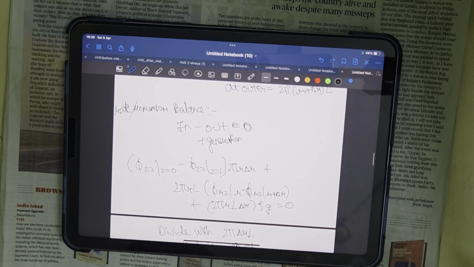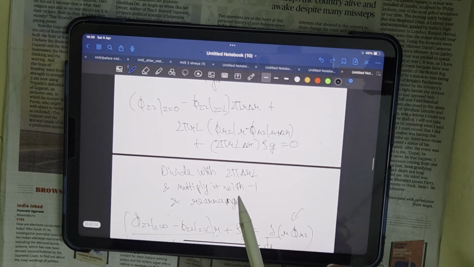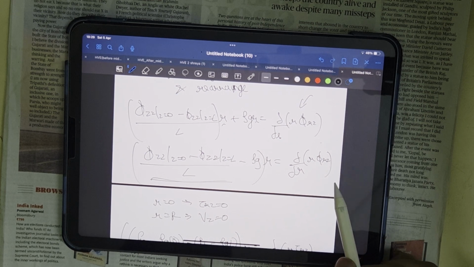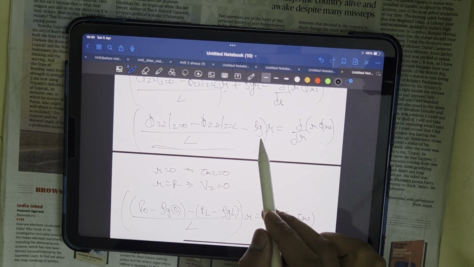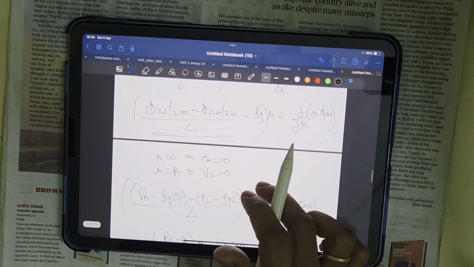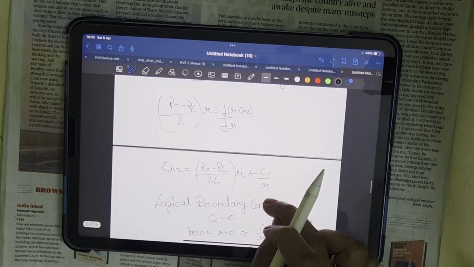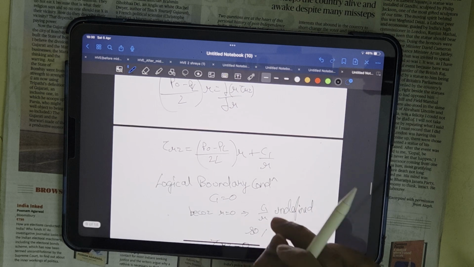After balancing the rate, we get phi rz is equal to phi zz at z equal to 0 minus phi zz at z equal to L, minus rho g upon L into r. After substituting the pressure, we got the final flux profile equation.